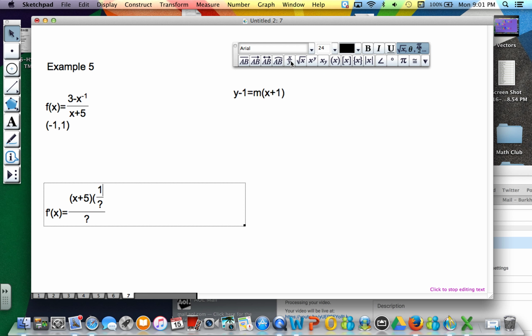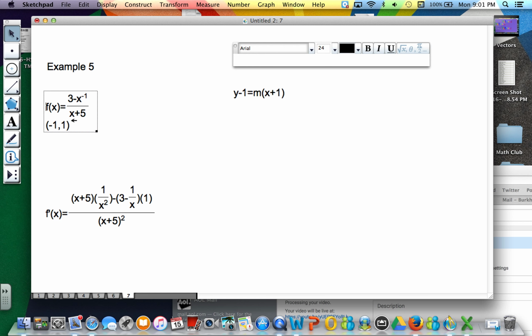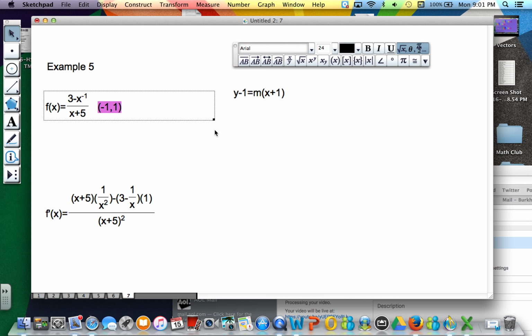That's the same thing as 1 divided by x squared. Minus, and then I take my numerator, 3 minus 1 divided by x, it might be easier to evaluate in that form, times the derivative of the denominator, which is 1. All of that divided by this x plus 5 to the second. And that little -1, 1 should just be to the side there.